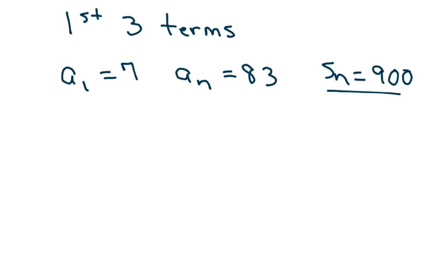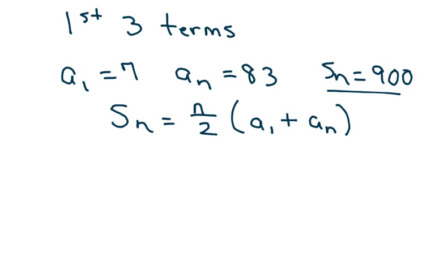And what I want to do is go ahead and use my formula. S of n equals n over 2 times a sub 1 plus a sub n. So we have 900 equals n over 2 times 7 plus 83.